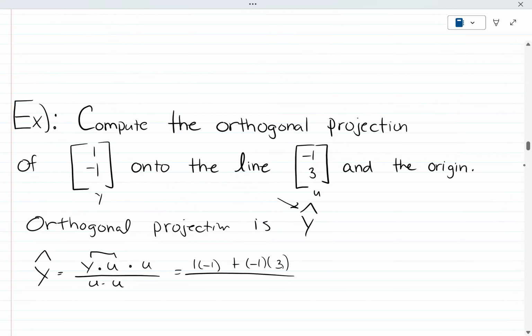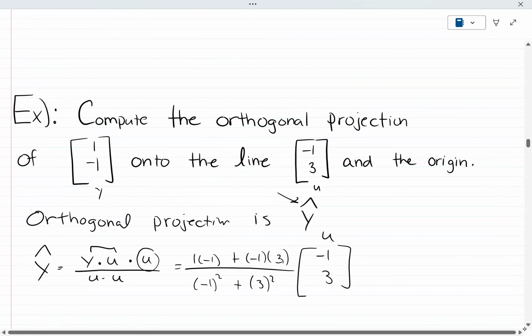So vector u is this one. So that's going to be -1 square plus 3 square. And don't forget, we still have to multiply this by vector u. So my vector u was -1 and 3.